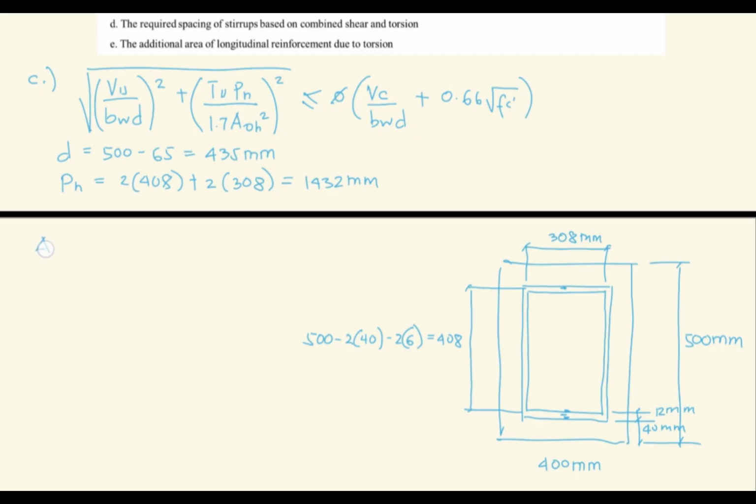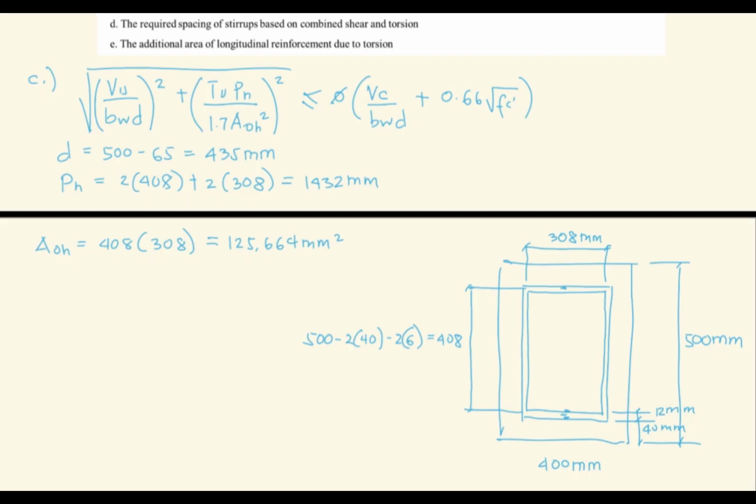A sub OH is the area center to center of the stirrups. So it is simply 408 multiplied by 308. It will be equal to 125,664 mm squared.